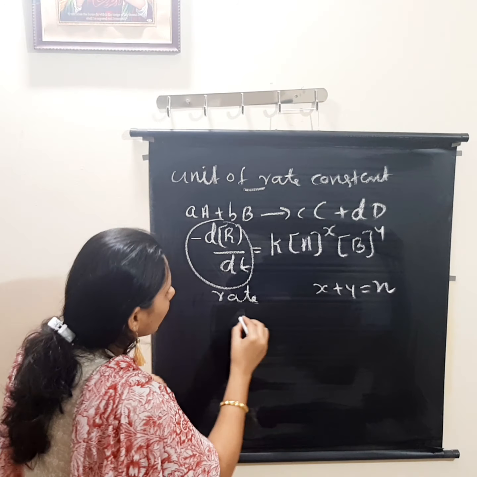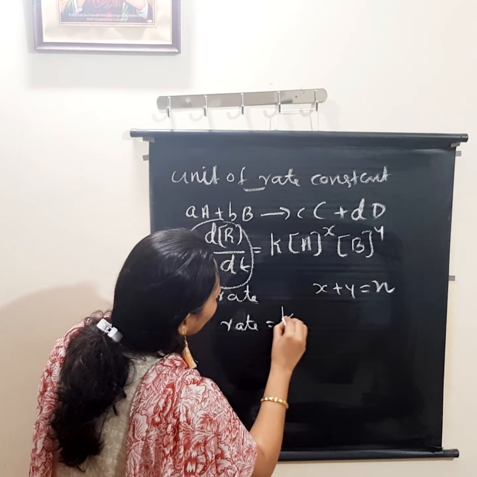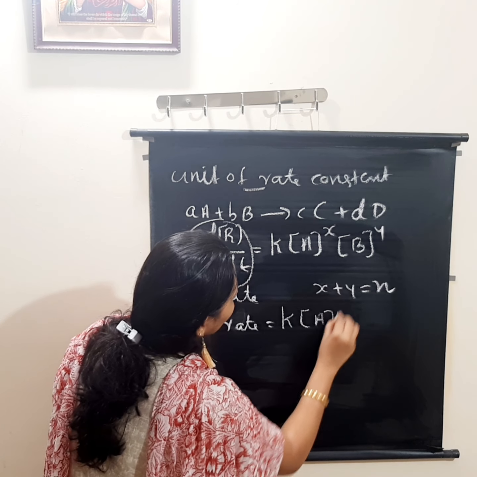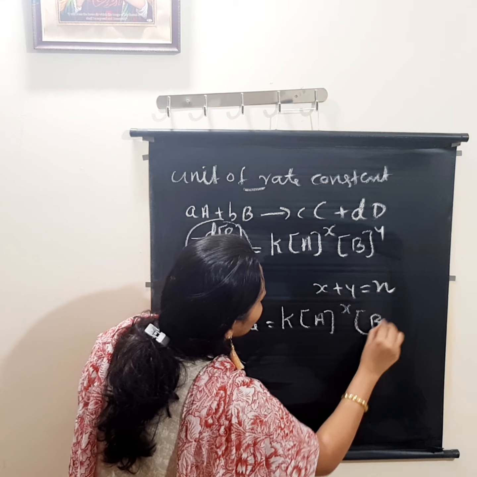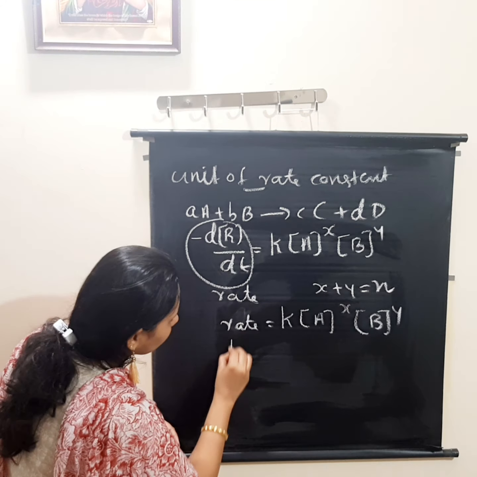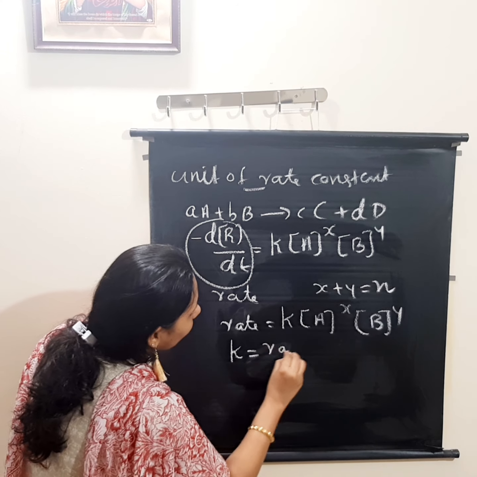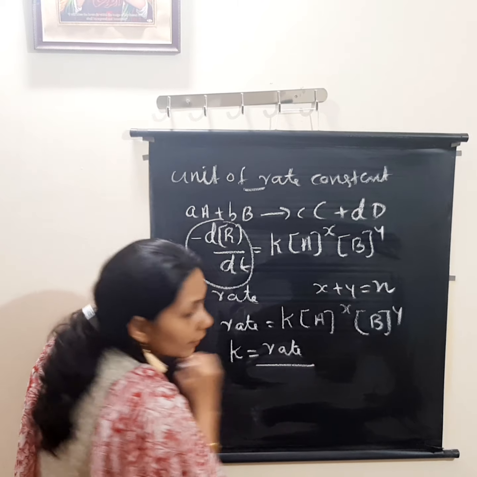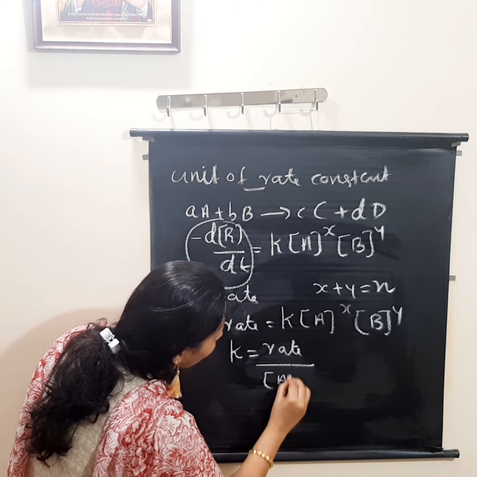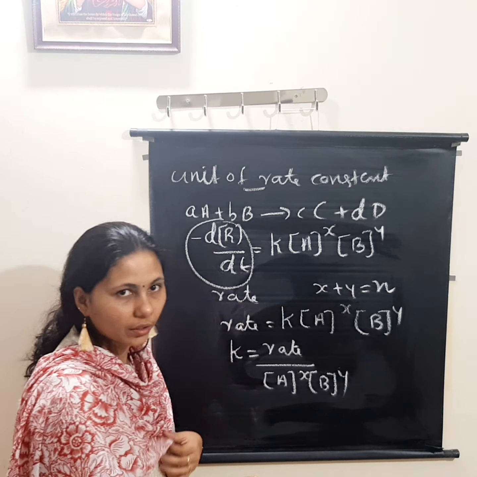We know that. Okay, so rate equals k into concentration of A raised to x into concentration of B raised to y. Clear? So how can we get k, the rate constant? k equals rate divided by concentration of A raised to x into concentration of B raised to y. Okay.